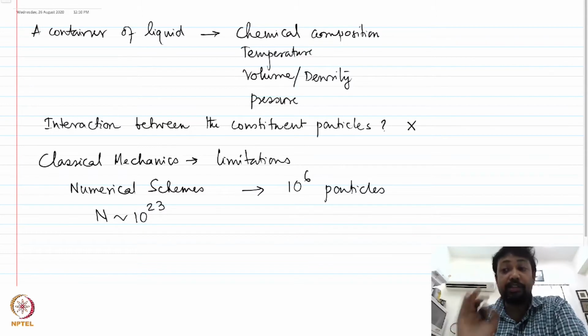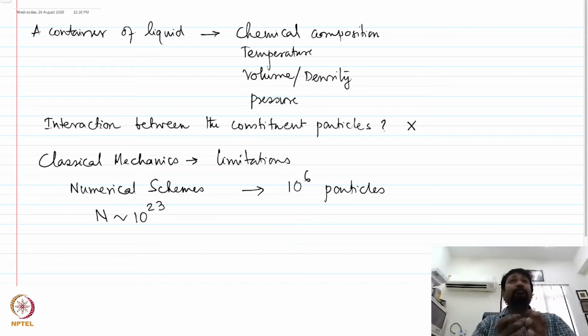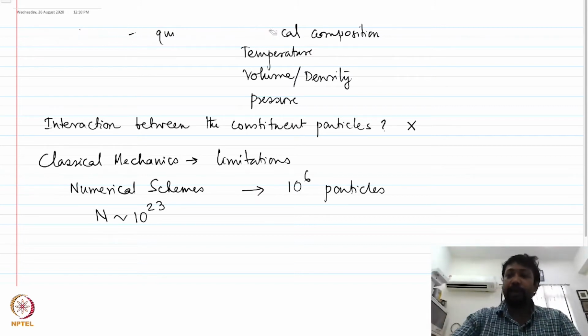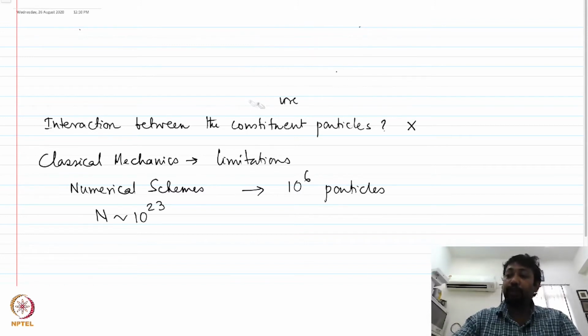So it is just not possible to track such systems analytically, nor computationally. So what do we do? We have too much information in our hands and we just do not want to deal with so much information. So we sacrifice some of the things. And the whole idea is to not go into microscopic details, but to look at the system as a whole.